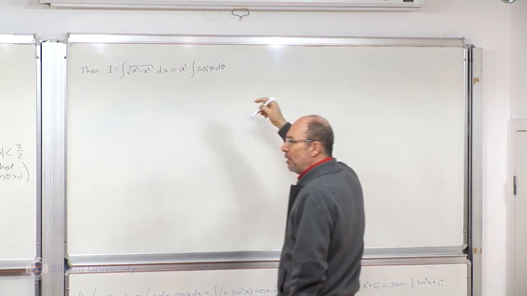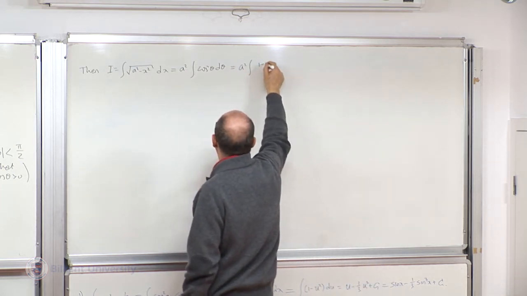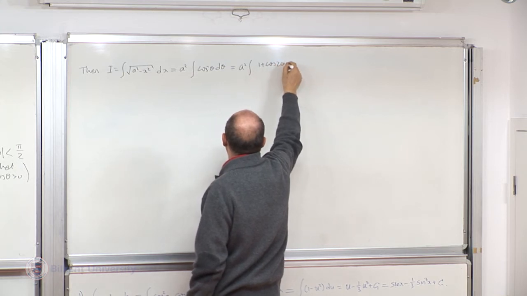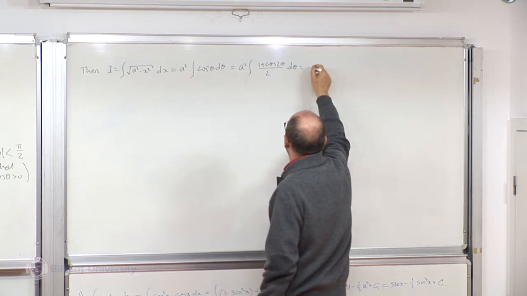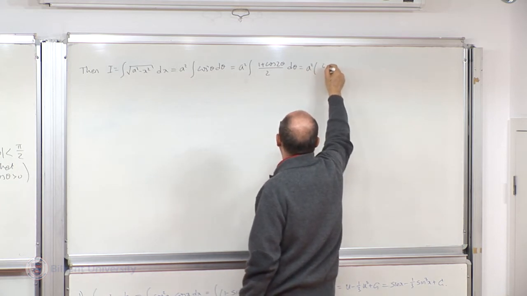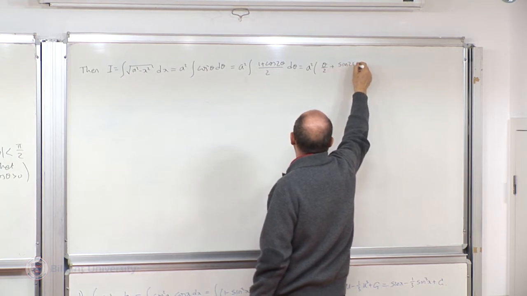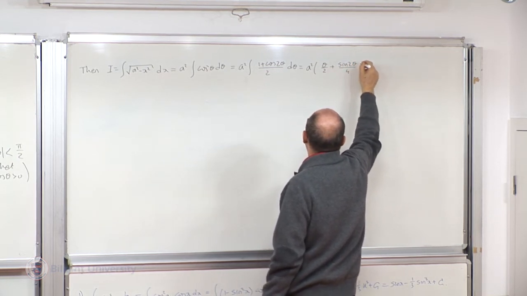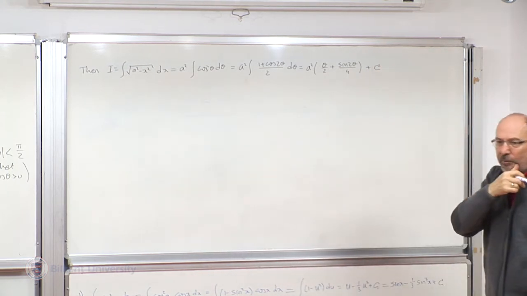Okay, I can easily integrate this. Remember, a square integral 1 plus cosine 2 theta over 2 d theta. So this is a square theta over 2 plus sine 2 theta over 4 plus constant. Okay? Everybody agree with this?